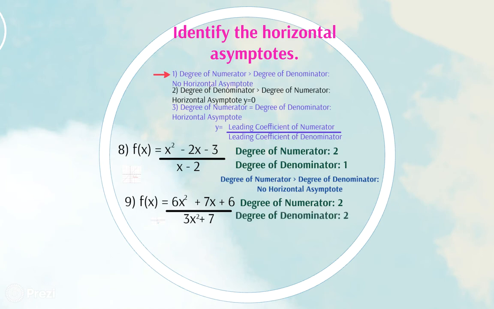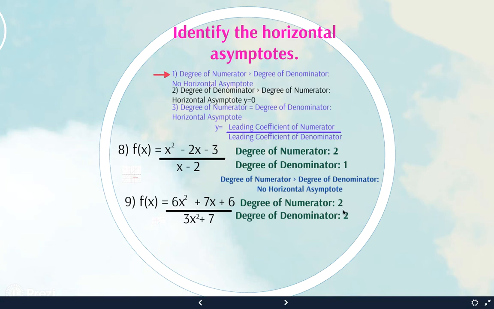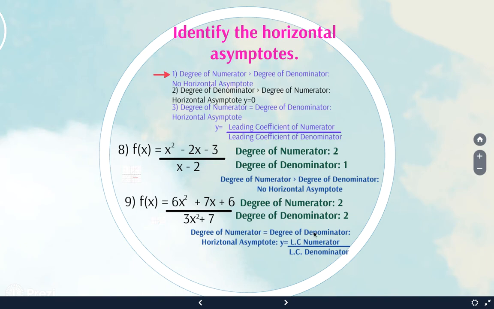Okay, so if we look here, the degrees are equal. They're the same number. So when the degree of the numerator is equal to the degree of the denominator, that's when we get to use that nifty formula where we divide the leading coefficient. I abbreviated it with LC. So we divide the leading coefficient of the numerator by the leading coefficient of the denominator. So we're following this rule 3 right here.